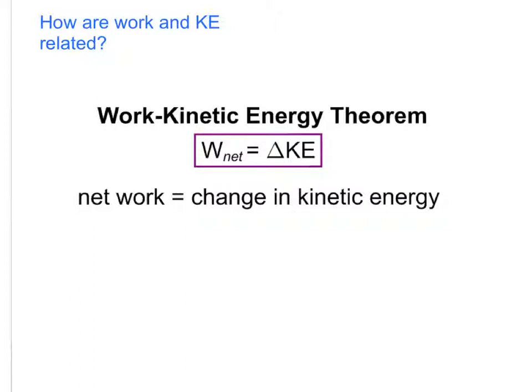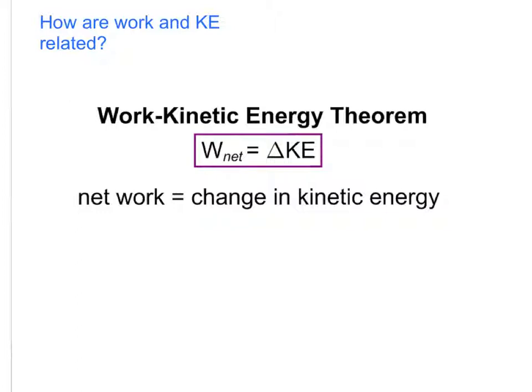From the theorem, though, we can see that the speed of the object increases if the net work done on it is positive. Because remember, kinetic energy is 1/2 mv squared. It has to do with the speed of the object. So if the speed of the object is increasing, the net work done on it will be positive. If the object's speed is decreasing, the net work done will be negative.